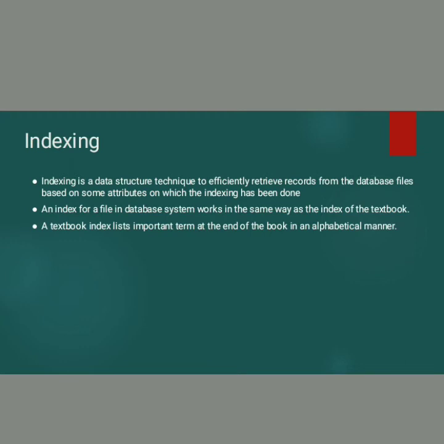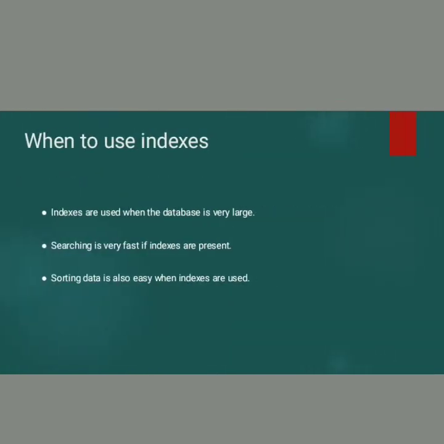Indexing is a data structure technique to efficiently retrieve records from the database files based on some attribute on which the indexing has been done. For example, a textbook index lists important terms at the end of the book in alphabetical order. An index for a file in a database system works in the same way as the index of a textbook.